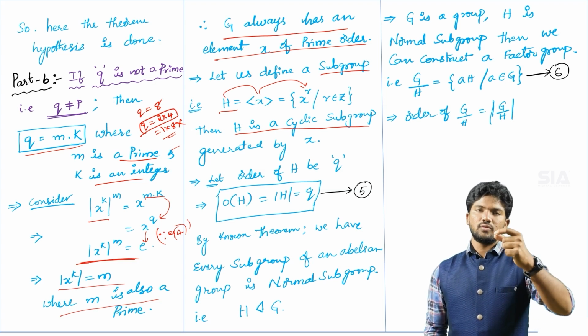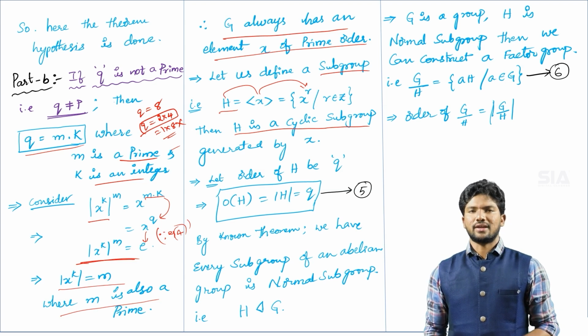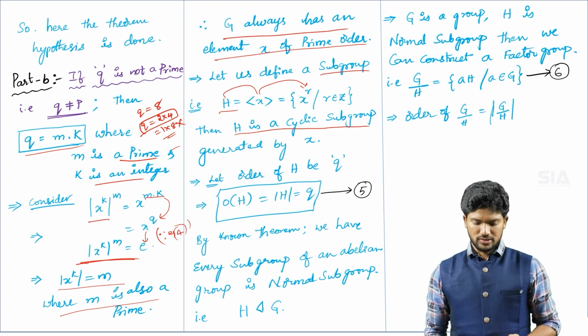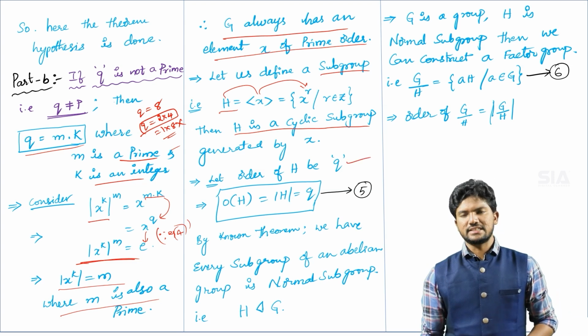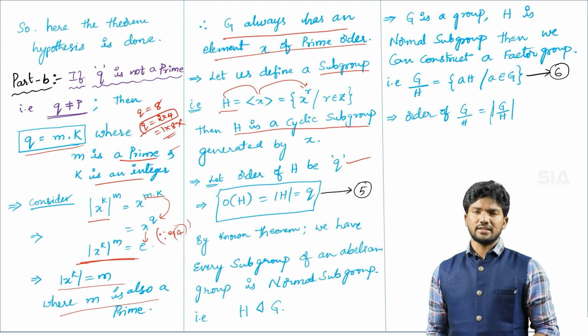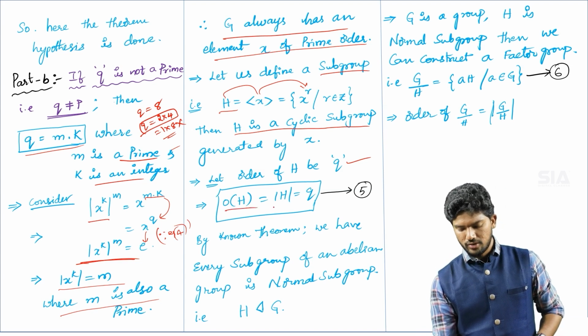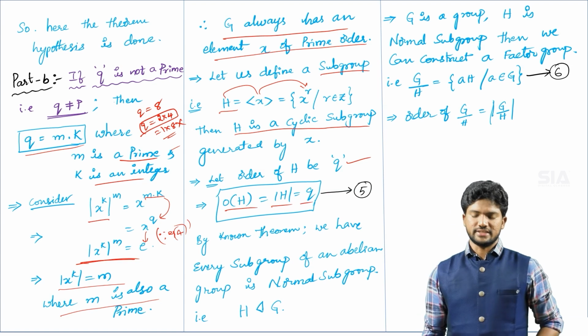That small x we have already taken, small x belongs to capital G. The same x here we are taking to generate the subgroup capital H. So let the order of capital H be equal to q. Therefore the order of H, mod H, is equal to q. That is taken as equation number 5.